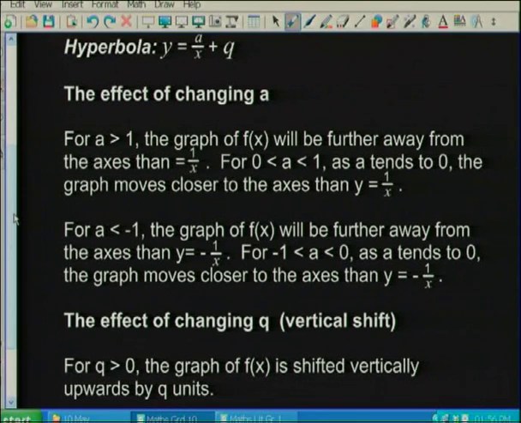And once again, for a less than minus 1, the graph will be further away from the axes than y equal to minus 1 over x. In between minus 1 and 0, the graph tends to 0, so it moves closer to the axes. That might be a little bit difficult to understand at this point, but we will definitely be able to see that when we start sketching the graphs.